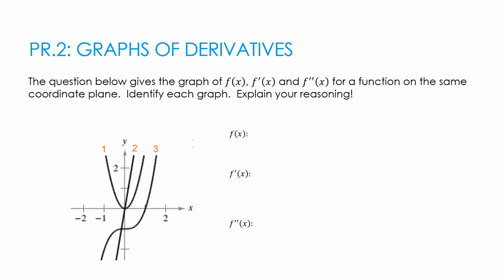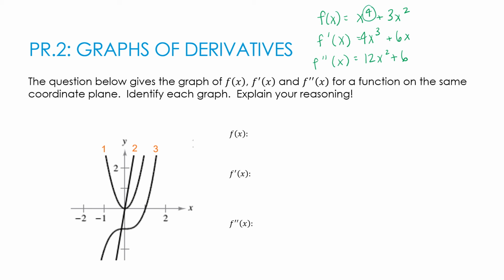So if my original function was f of x equals x to the fourth plus 3x squared, the derivative of that function is 4x cubed plus 6x, and the second derivative would be, again, 1 degree less than that, so 12x squared plus 6.